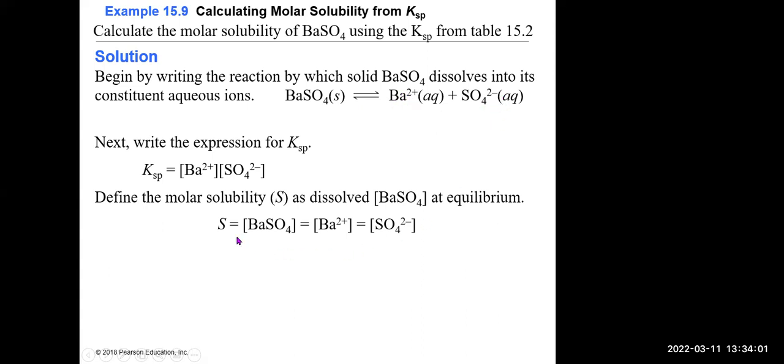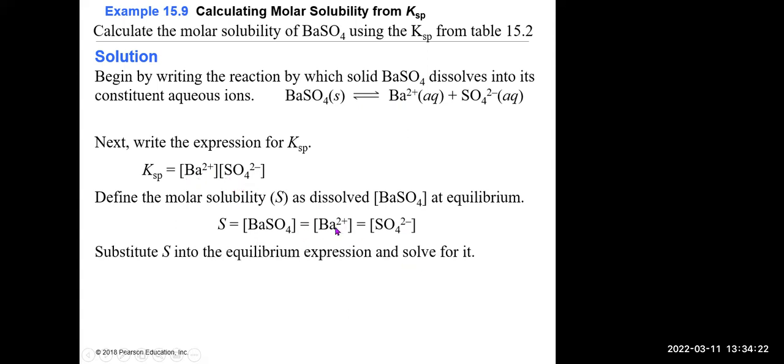So therefore, the concentration at equilibrium of Ba2+ and SO4 2- is the same as the molar solubility. We want to calculate the molar solubility S. So now we have this information here in this equation.